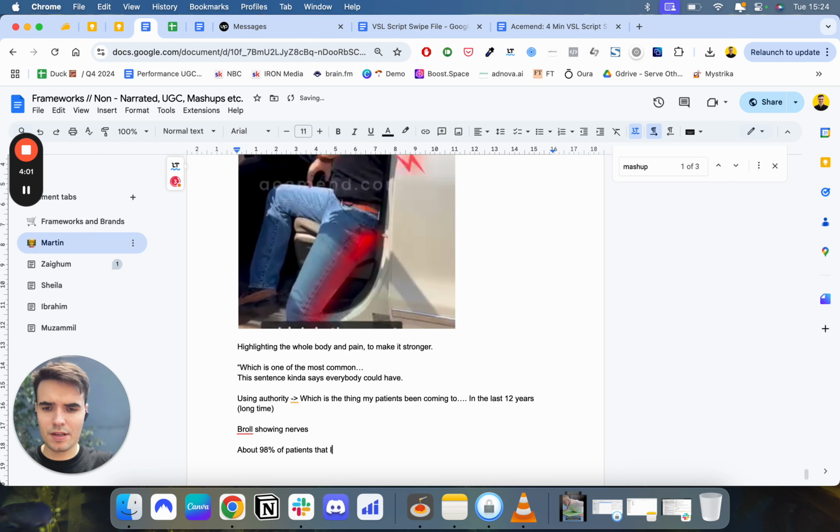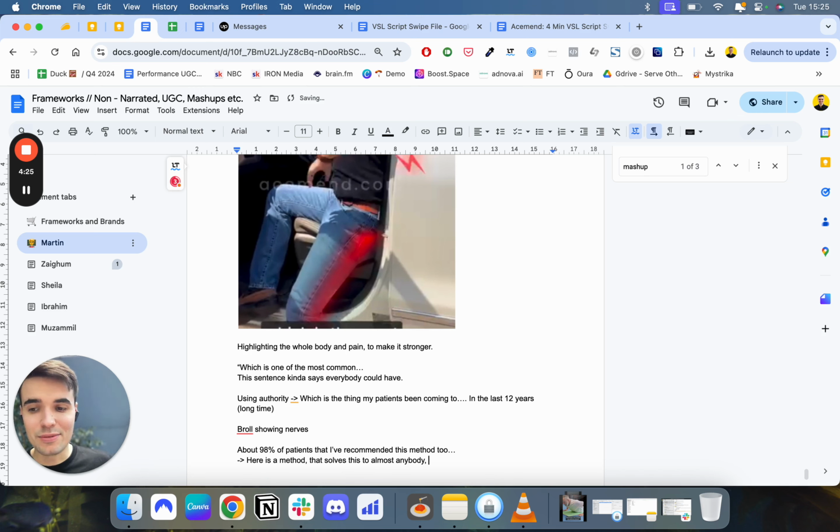Alright, this is interesting. Patients that I have recommended this method to. What he's saying is pretty much, here is a method that solves this for almost anybody.